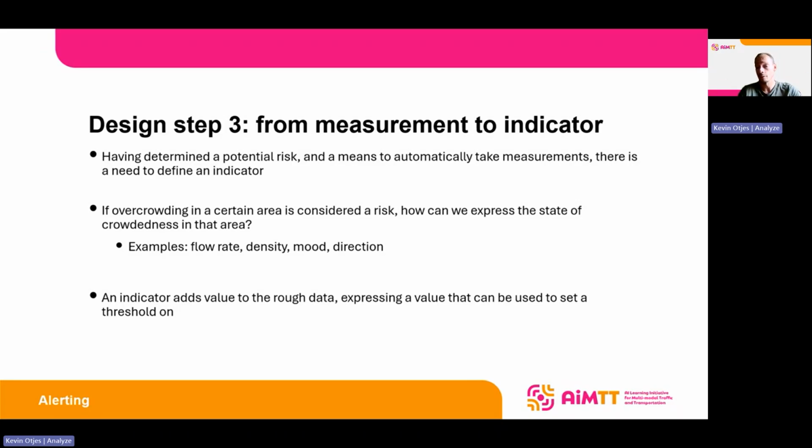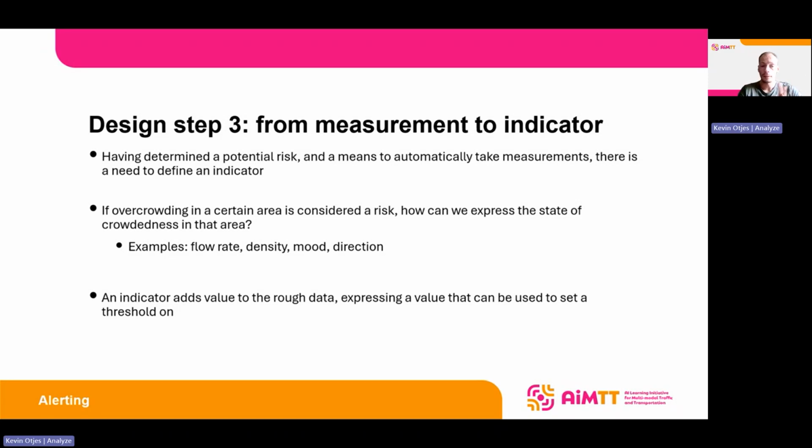And direction being context information we would need to interpret the other three I just mentioned. But we would want to have these things available, and we would want to turn them into indicators to be able to say something about a certain area.